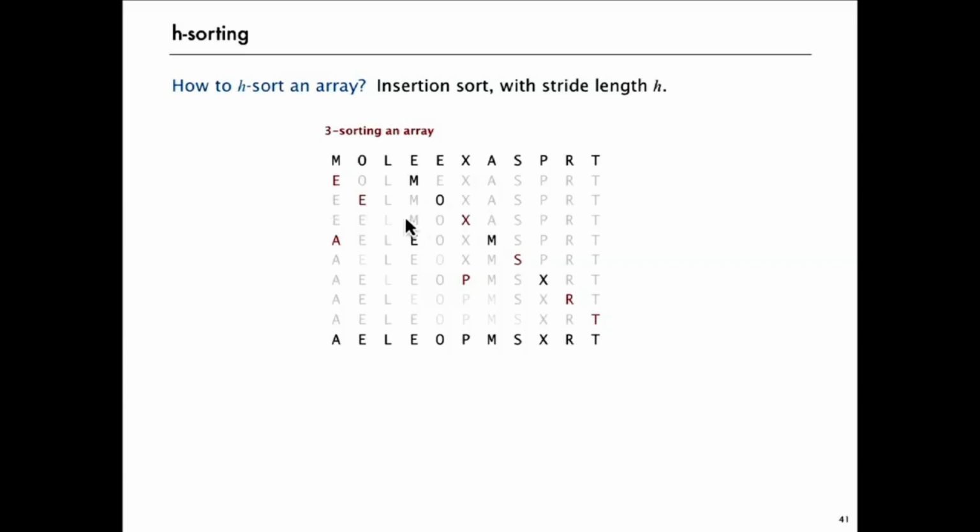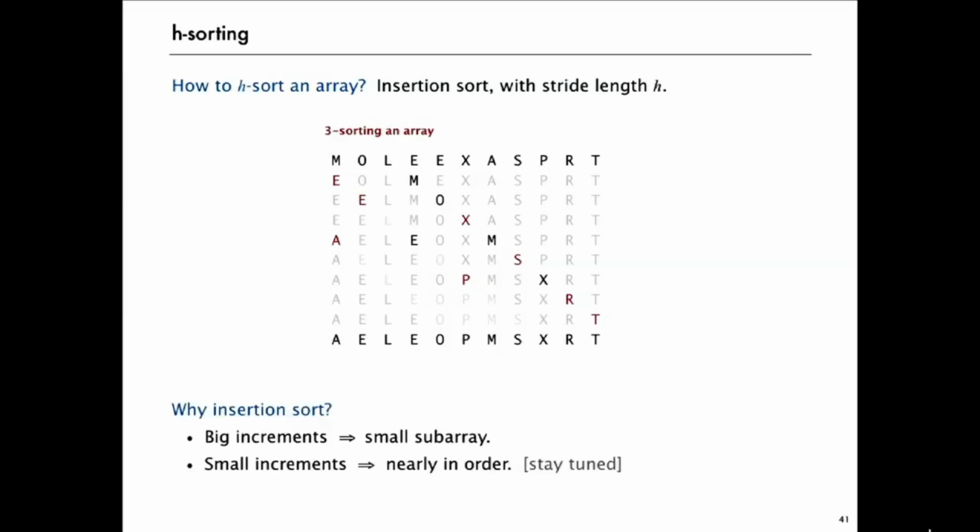So we exchange the A with the larger one to its left, that's M, and then the other larger one to its left, that's E, and then put it into position. So the code is the same as for insertion sort, except that when we go backwards through the array, we skip by H instead of just by 1. That's how we H-sort an array.